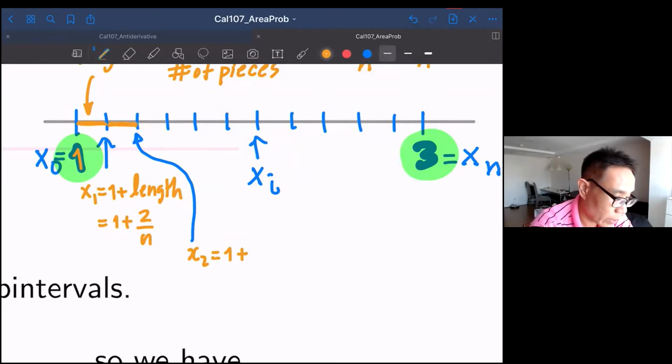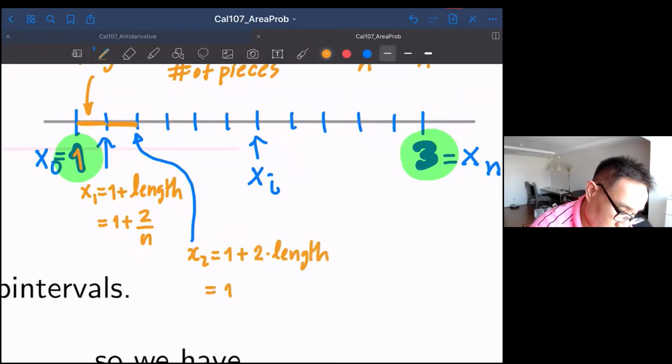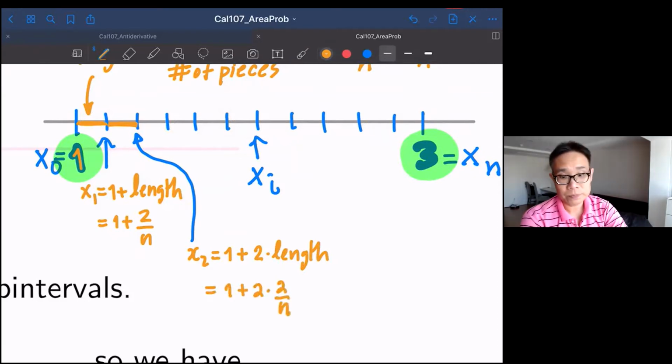However, you're going to go from 1 twice, 2 times like this. So it's going to be 1, 2 times the length. So it's going to be 1 plus 2 times 2 over n. Okay, so that is my x2.